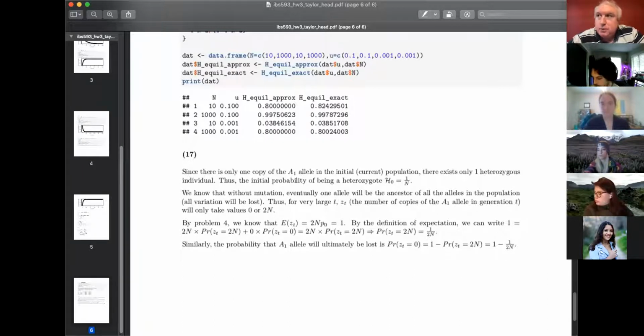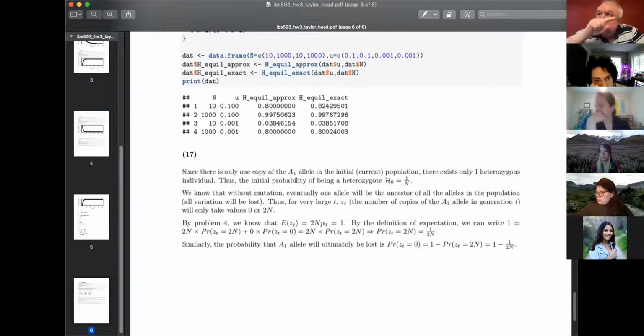So what did we learn? The allele frequency on average is its starting frequency. It's whatever it is right now, the expectation of the allele frequency. But the expectation of the variance is 0, meaning the allele frequency is going to go to 0 or 1 sooner or later.